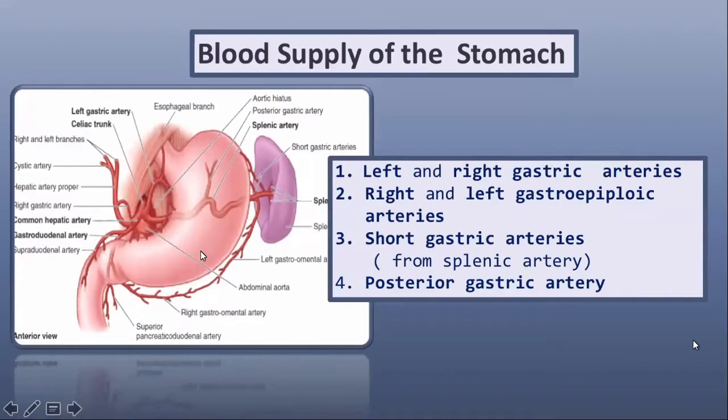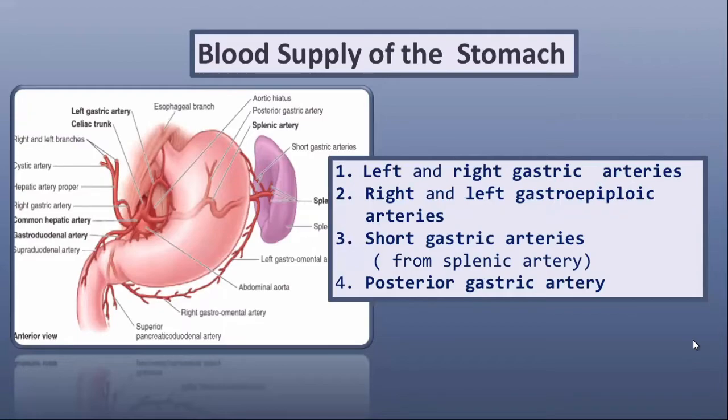Blood supply of the stomach. Of course, the blood supply would be coming from your left and right gastric arteries. Your left and right gastric arteries would anastomose here in the border of your lesser curvature. Okay. So the left gastric artery arises from the celiac trunk. So you have a lecture on this in your cardiovascular system, right? Blood supply of the abdomen, right?